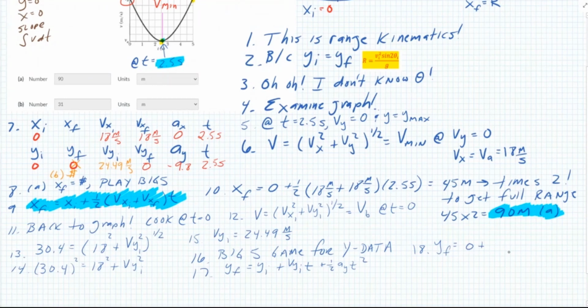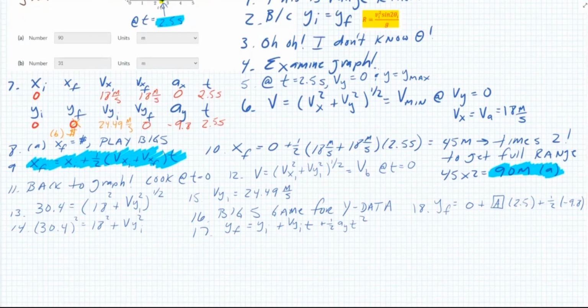Store alpha A. Calculator memory location A times the time it takes to get to that apex, which is 2.5 seconds, plus the 1/2 times negative 9.8 meters per second squared, leaving off units.